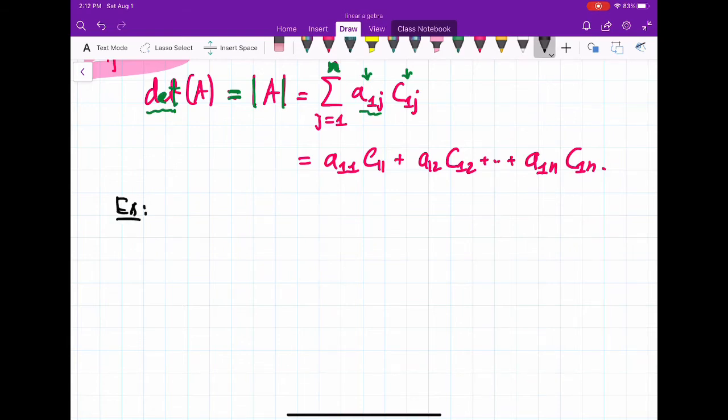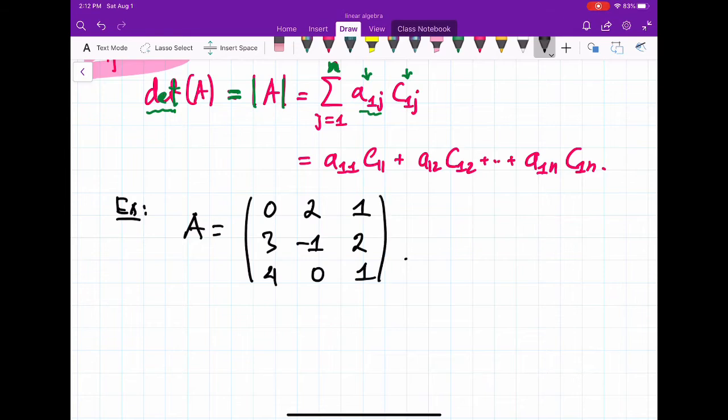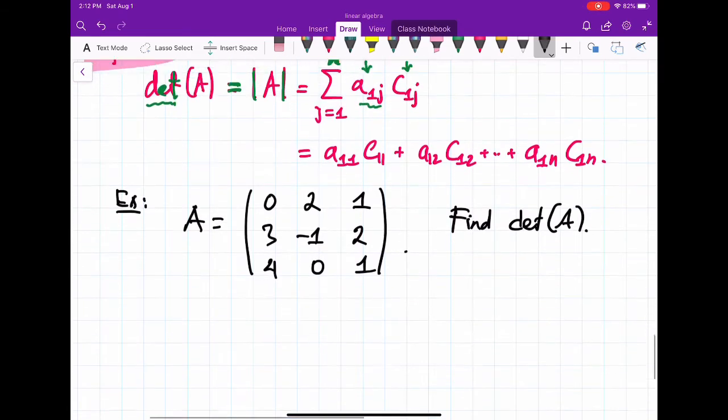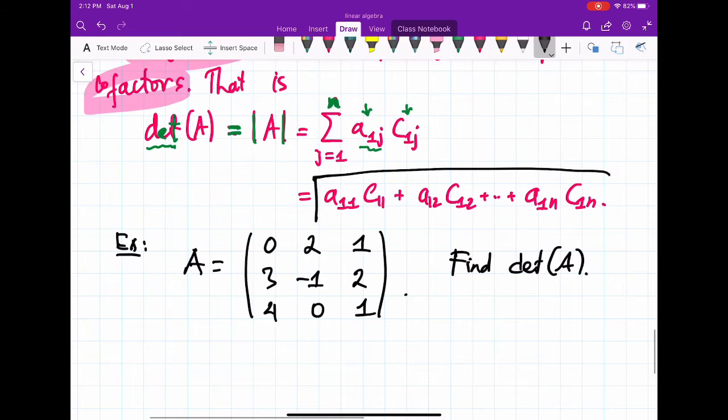For 2 by 2, we already discussed that. Let's talk about 3 by 3. A is 2, 0, 2, 1, and then 3, negative 1, and 2, 4, 0, and 1. Let's find the determinant of A. Using this formula, you may need to choose rows or columns with more zeros, because if an entry equals 0, you don't have to calculate the cofactor of that entry.